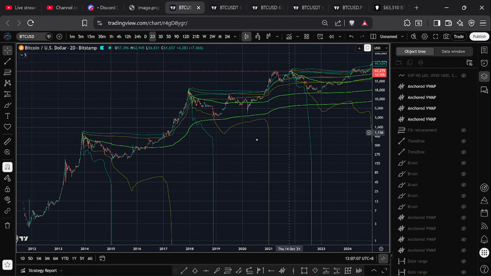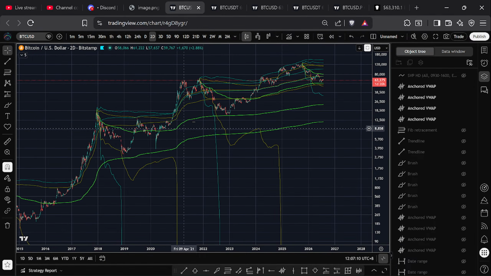Then we take it from the next top, comes along, doesn't quite touch it, gets close to it, okay, just like before. Then we take it from this top, and we come along, and look where we are. So that's a case to say that maybe this is the bottom, because every other time it didn't go past that VWAP, right?